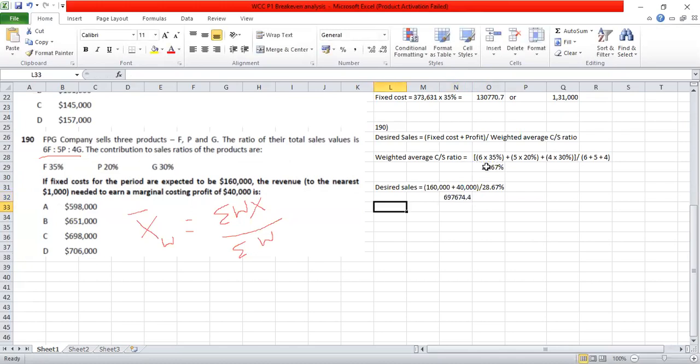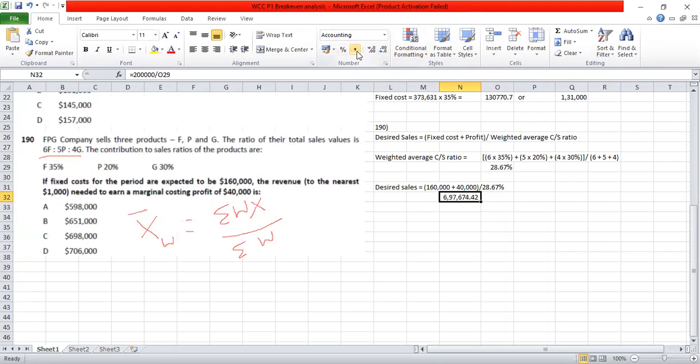So round it off to the nearest thousands is what is given. 697. So 698,000. Option C.